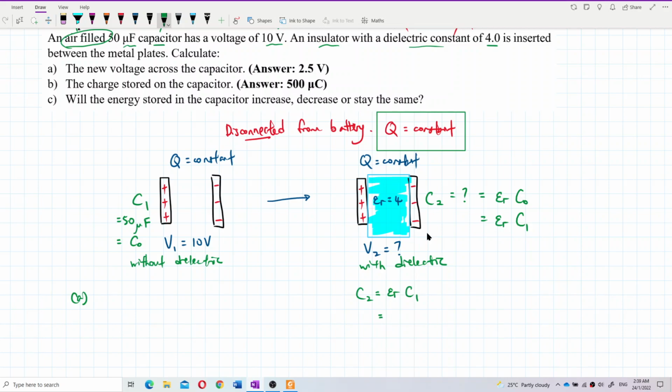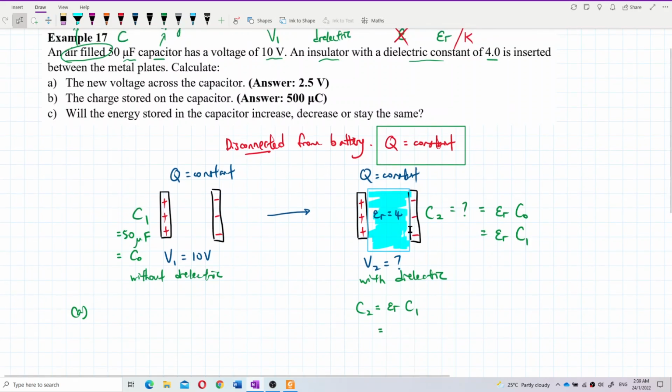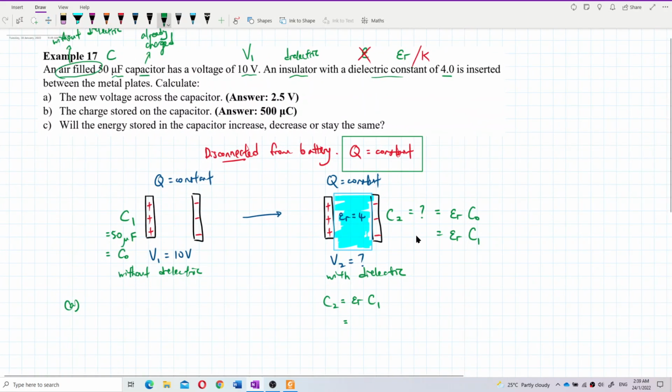So what is εr? εr is 4, and C1 is 50 microfarad. So this one you have 200 microfarad. This is the capacitance with dielectric, for this second condition: the capacitance of the capacitor with dielectric, 200 microfarad.